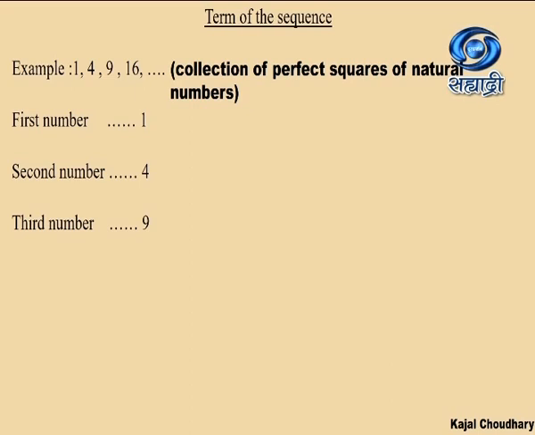Now, since they are known as the terms of the sequence, the first number 1 will be the first term, and T1 is how we represent the first member or first term of the sequence. T shows term and 1 shows the position, that is, which term of the sequence it is. Similarly, the second number will be called the second term, or T2, at the second position.